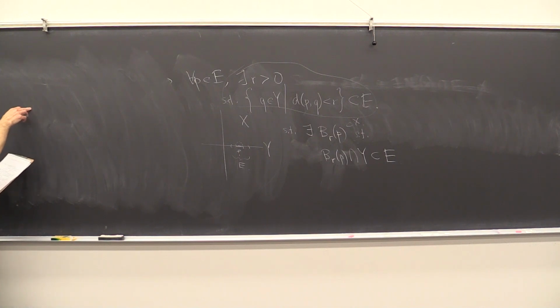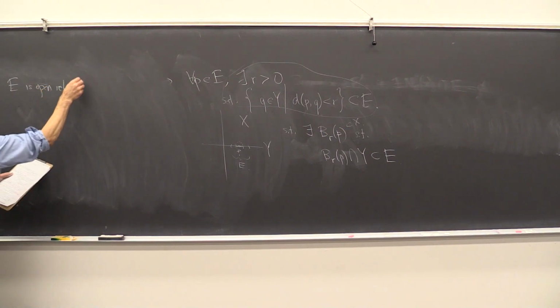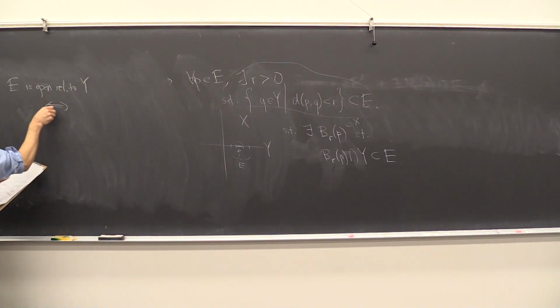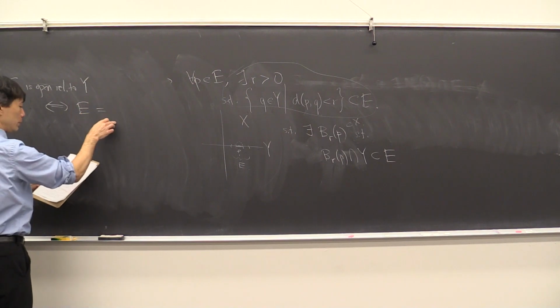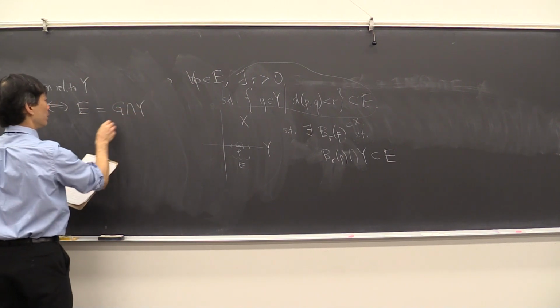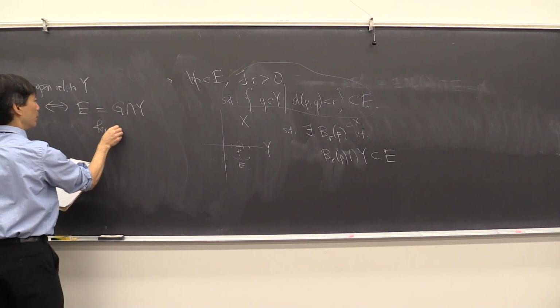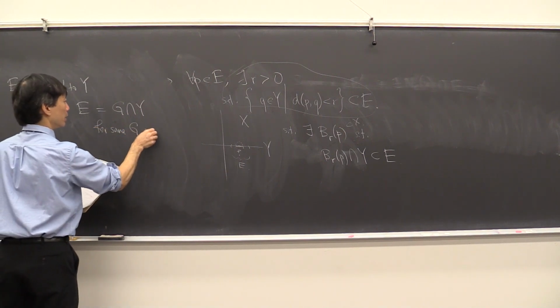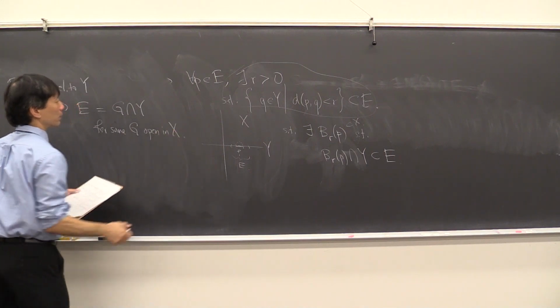What it says is that E is open relative to Y if and only if E equals G intersect Y for some G open in X.